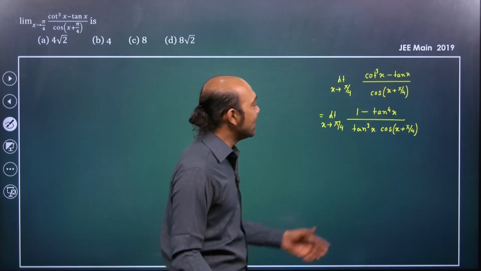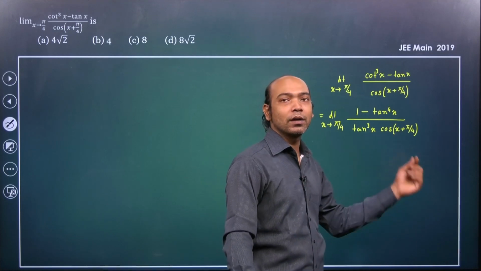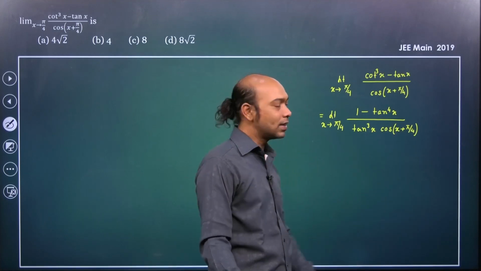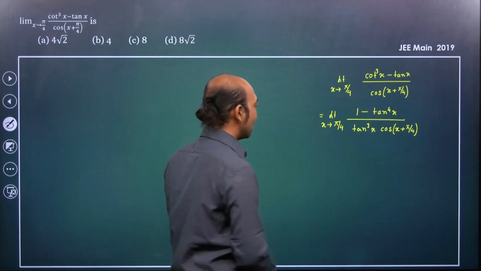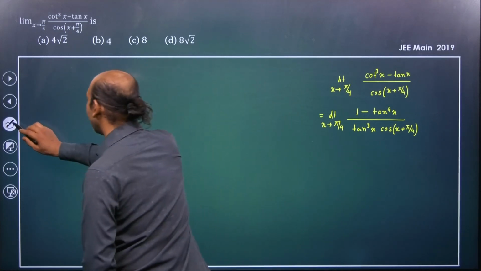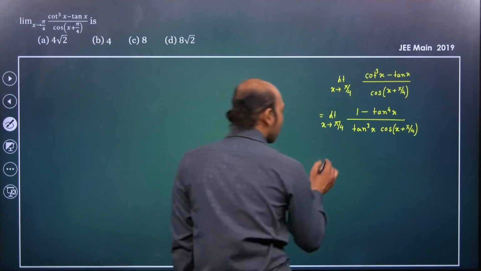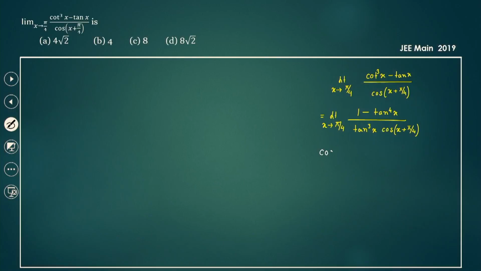Now see that we need to expand this cos of x plus pi by 4. It can be easily expanded, right? So let's do that separately, with another color. Let's see what happens for cos of x plus pi by 4.